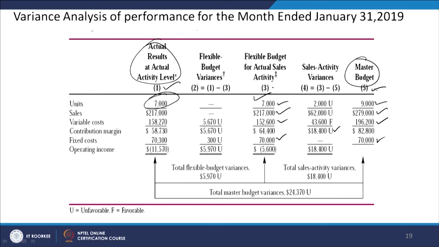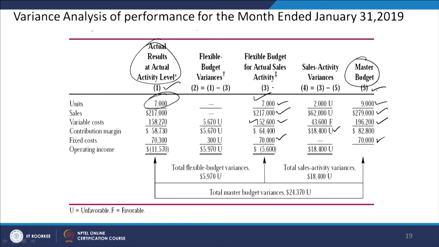Now, 7000 sales are expected to be, looking at the selling price, 217,000, and actual is also 217,000. So, it is the same, fine. We have achieved the same amount of sales because we have not been able to increase or decrease the selling price per unit.